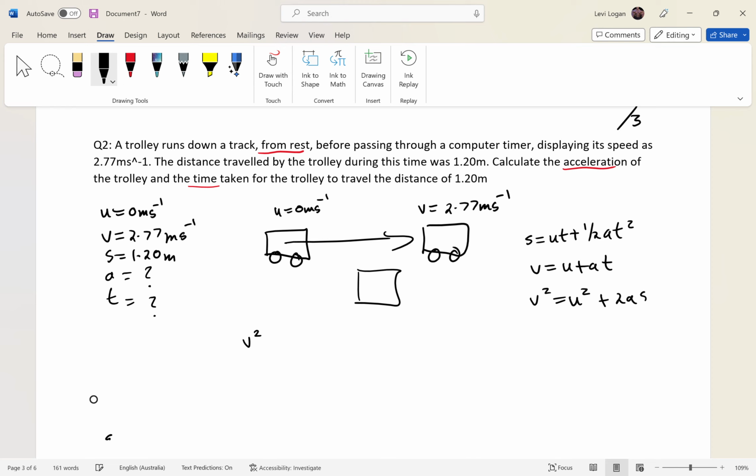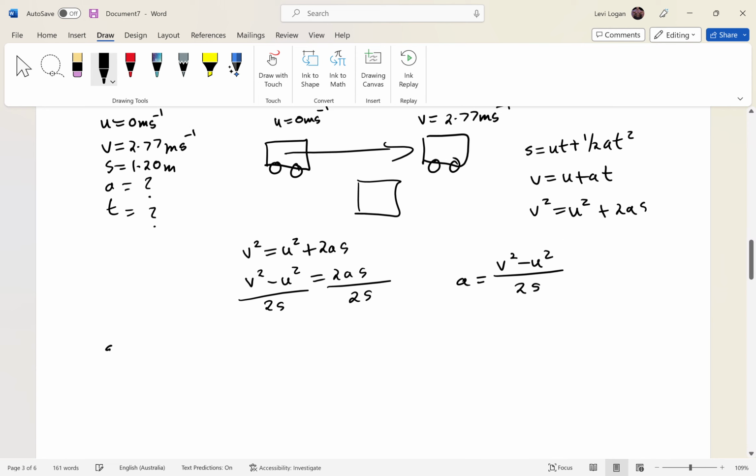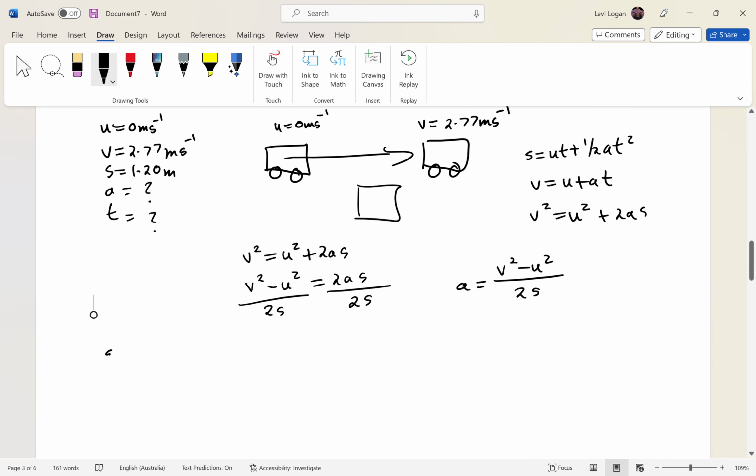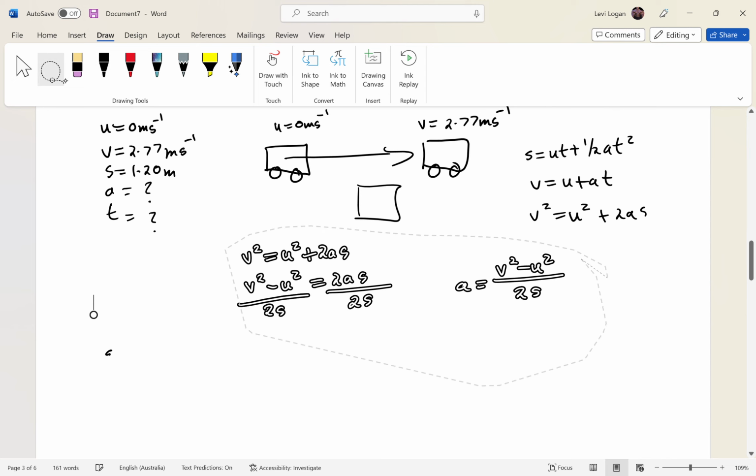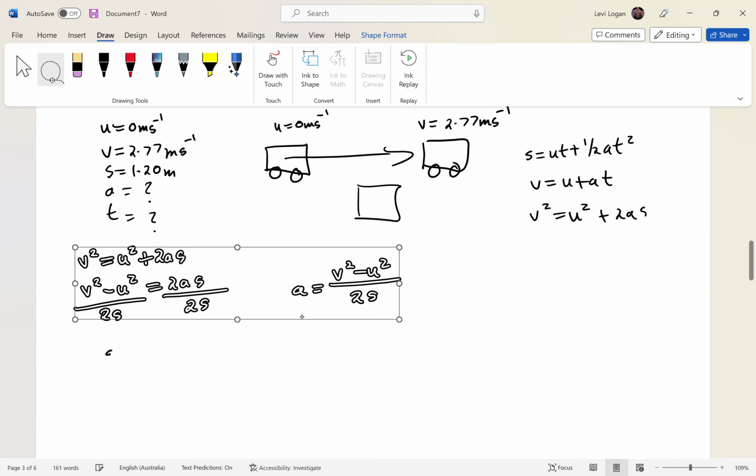So v squared equals u squared plus 2as. We're looking for acceleration, so v squared minus u squared equals 2as. Divide by 2s. So acceleration is v squared minus u squared over 2s. Okay, cool.